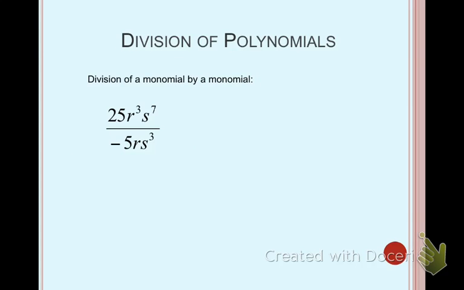You've already seen something like this earlier in the unit, okay? And in this case, we did 25 divided by negative 5, and that was negative 5. We did r cubed over r by subtracting the exponents. That gave us r squared. And we did s to the 7th over s cubed by subtracting the exponents. And that gave us s to the 4th. This was division of a monomial by a monomial.